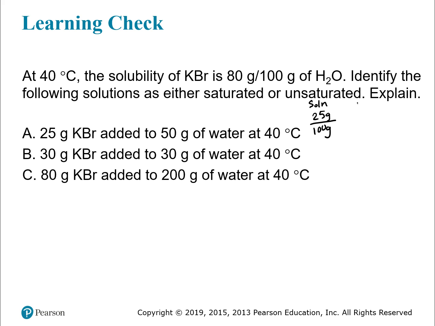Our maximum solubility is 80 grams of potassium bromide in 100 grams of water. So have we dissolved less or more than 80 grams? It's not a trick question. It's less than 80 grams.